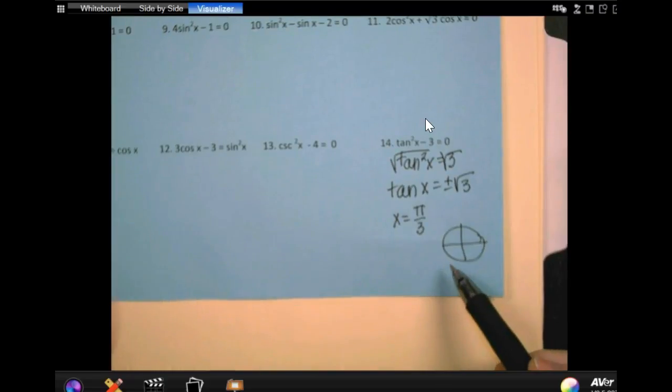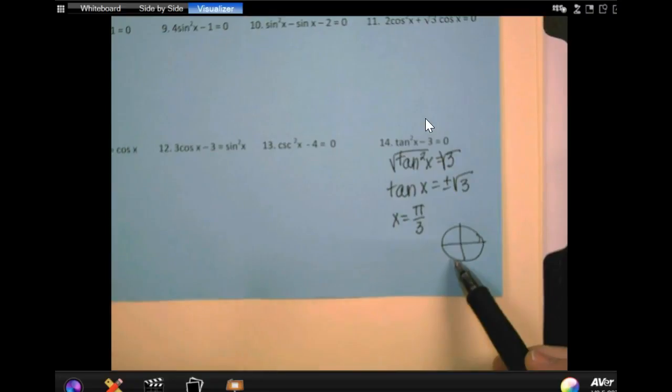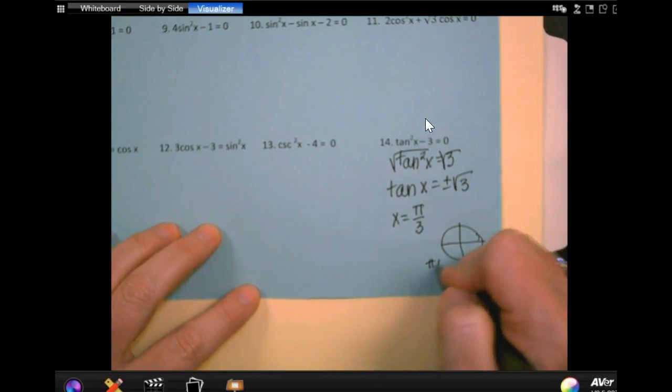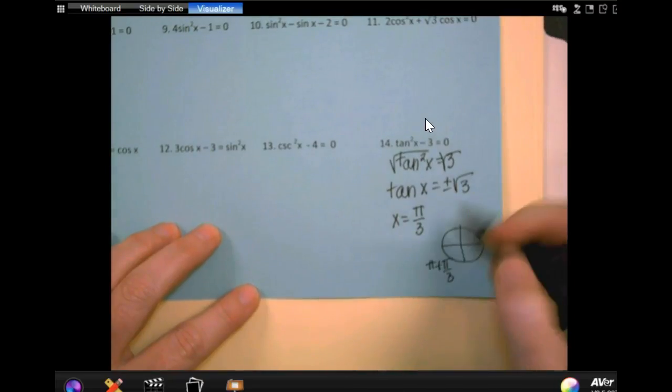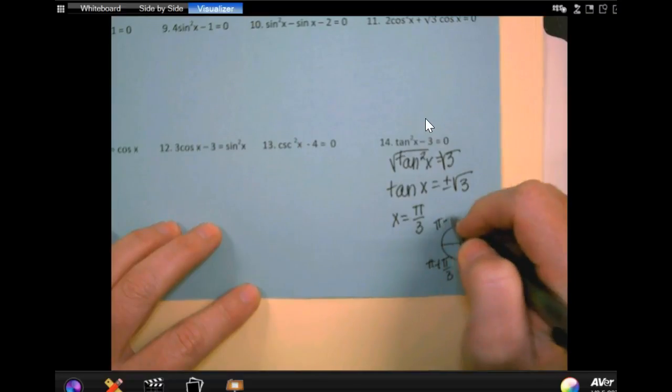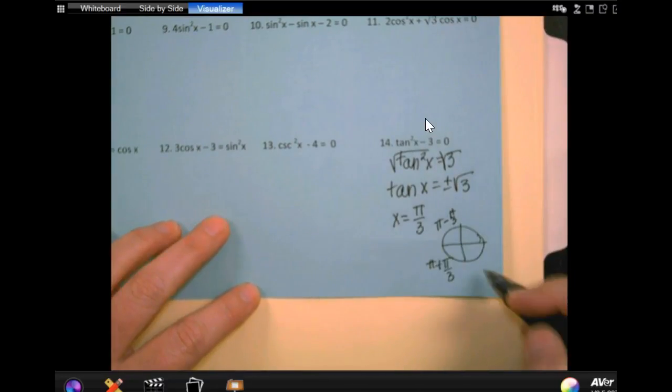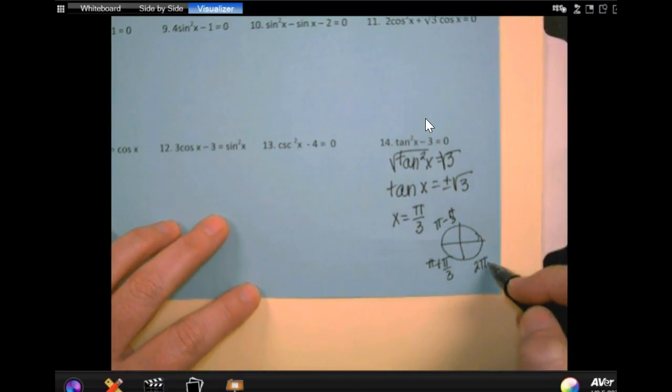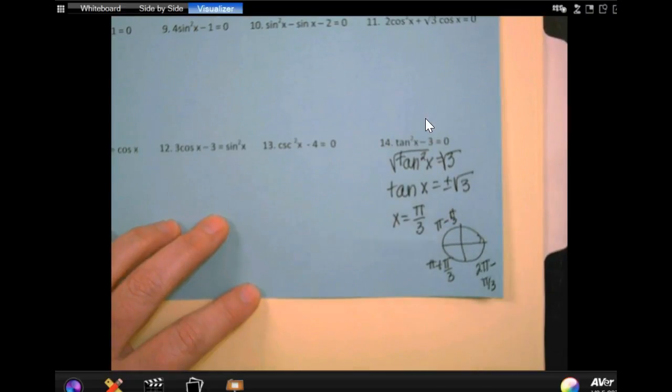And how do I get to the third quadrant? Pi plus pi over 3, right? So this one is pi plus pi over 3. And how do I get to the second quadrant for a negative? Pi minus pi over 3. And then this one is 2 pi minus pi over 3. So that's how you get your 4 answers. You're going to have 4 answers.